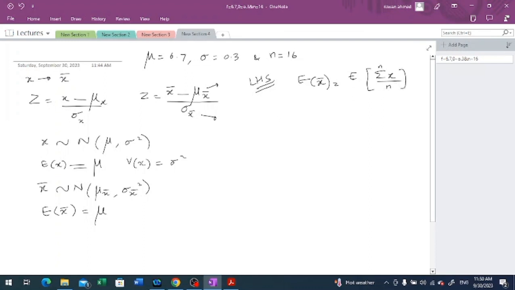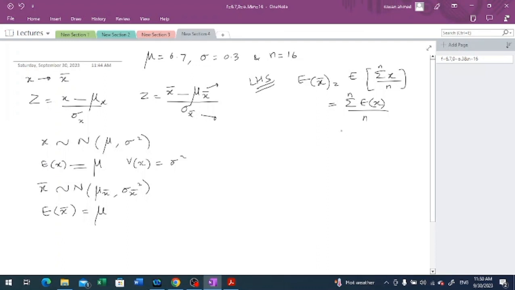Now expected value is just the operator that refers to the mean of the random variable we are using. So we can take this expected value operator inside the bracket, and it will be applied on the random variable x, and this n comes out as it is.